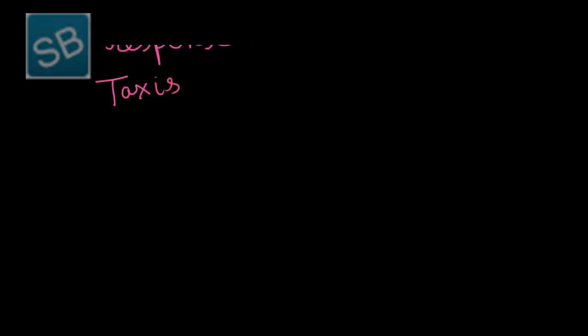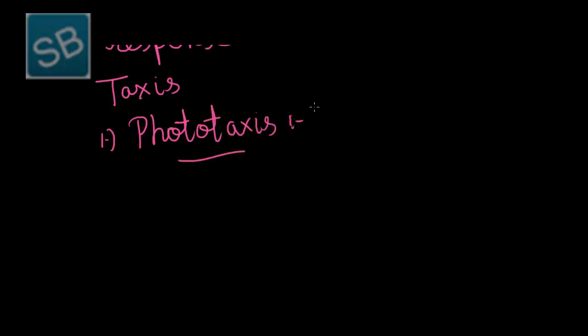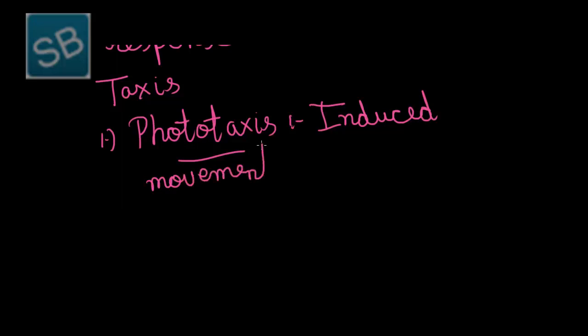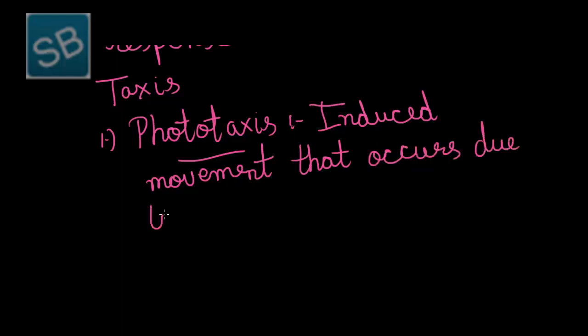On this basis, various types of induced movement occur. For example, the first is phototaxis. It is a type of induced movement that occurs due to light. An example of such a movement is the zoospores of Volvox.